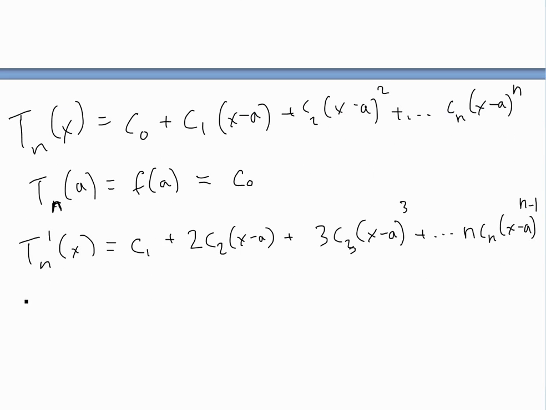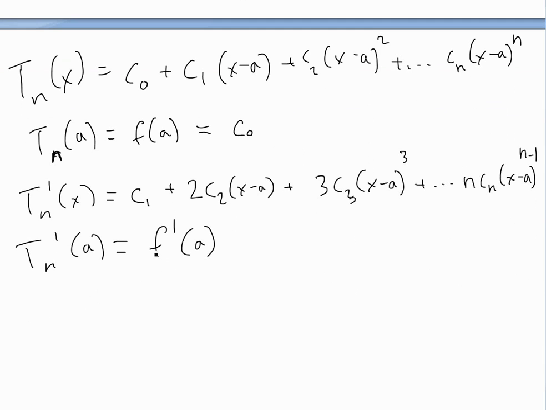And then we know that Tn prime of a is equal to f prime of a. Again, we plug in a everywhere, so these all cancel. c1 is equal to f prime of a, and this is exactly what we had above.